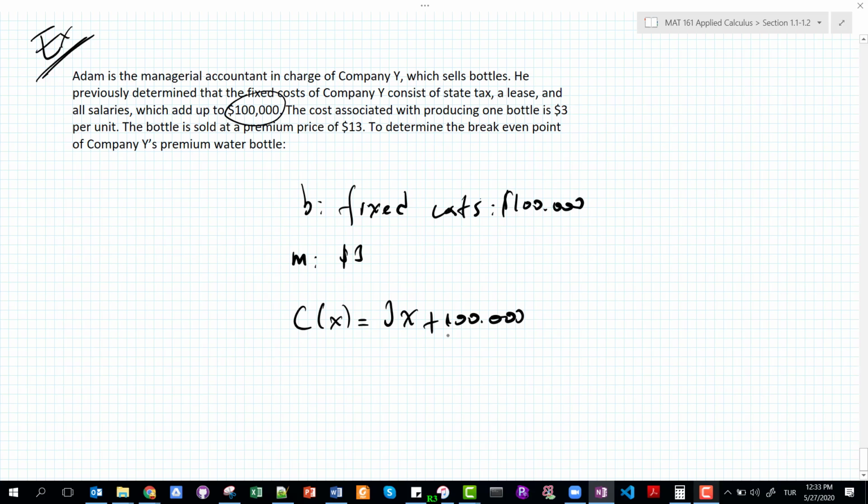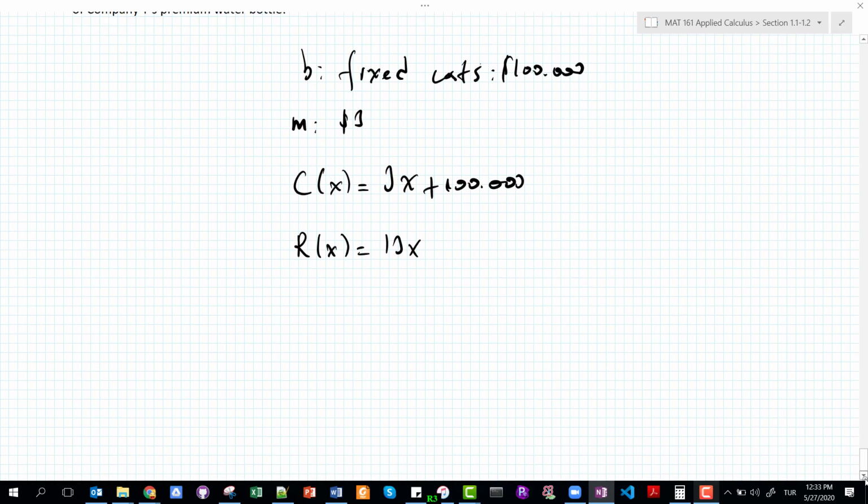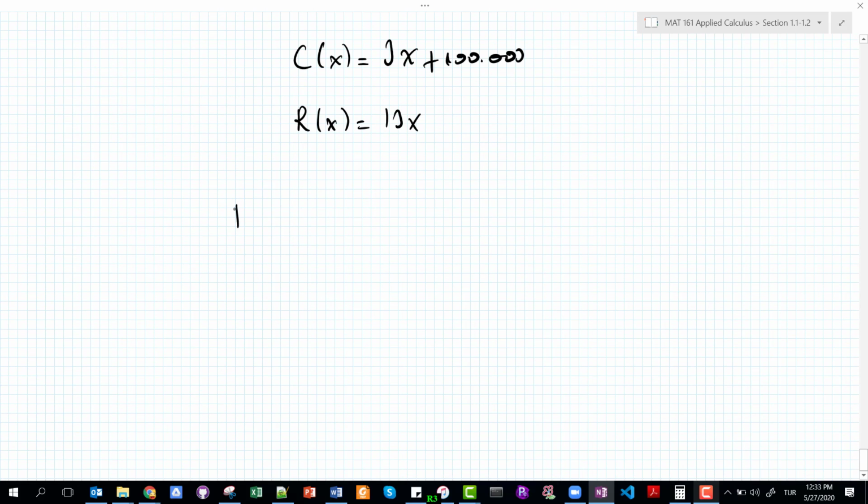On the other side, if I would like to find out my revenue function, I should know what price I am selling just one bottle at: $13, and then I need to multiply by the amount I will sell. So the question asks, what is the break-even point for the company? As you know, the break-even point is the point where you don't make any profit or loss. And I know that the profit function can be calculated as the revenue function minus the cost function.